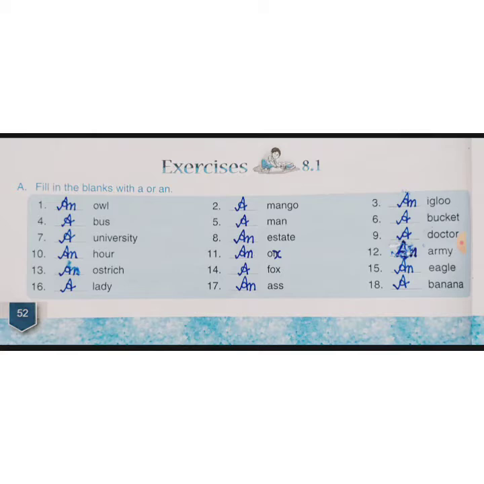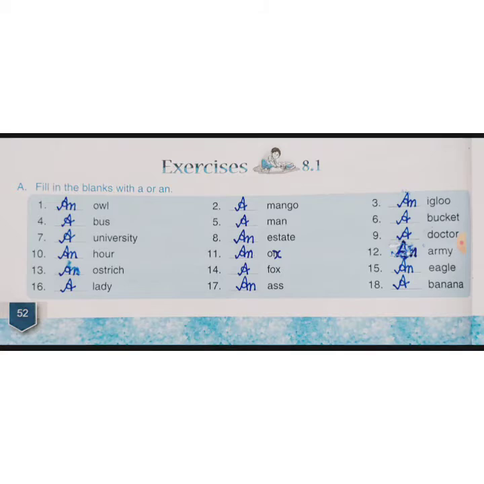You can see U, so long U, Y-O-U. It is starting with Y. So in this case it is having a long consonant sound. So we will write a university. An estate, E. Vowel sound is coming, so we will write an.